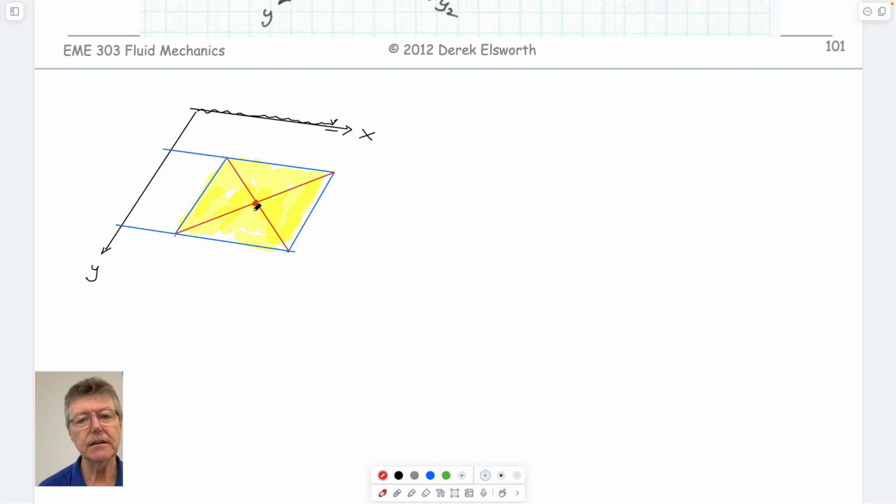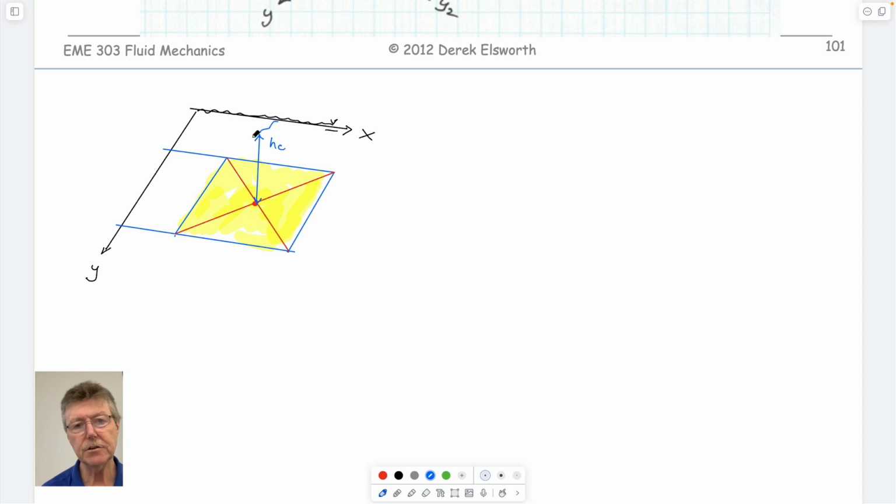So the depth of this centroid below the surface is what we've called h sub c.